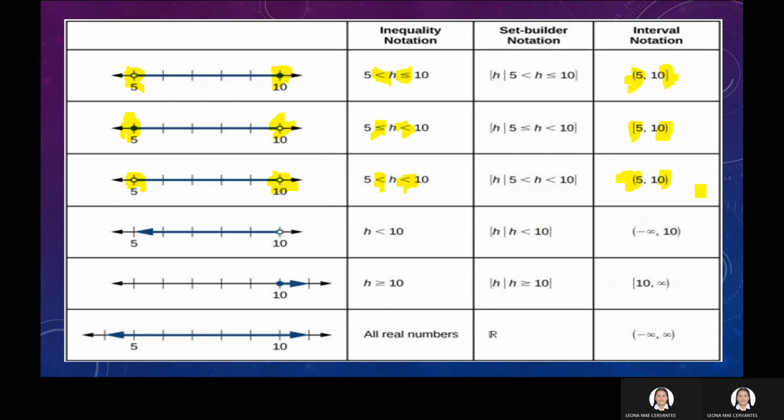Next, another example. Okay, for our fourth example, we have positive 10, not shaded or not included, so we will not put an underline or equal.